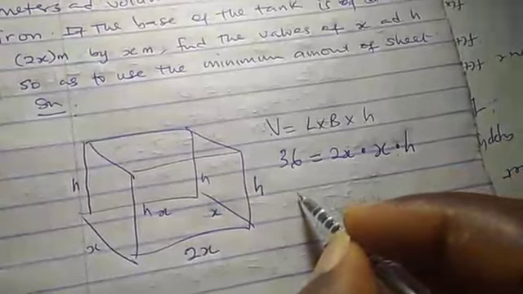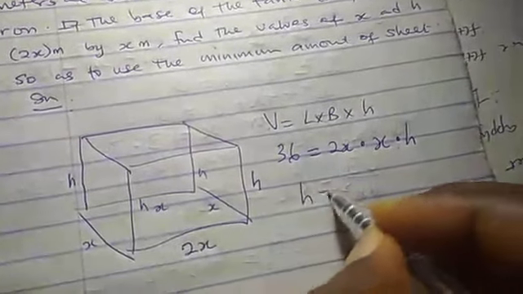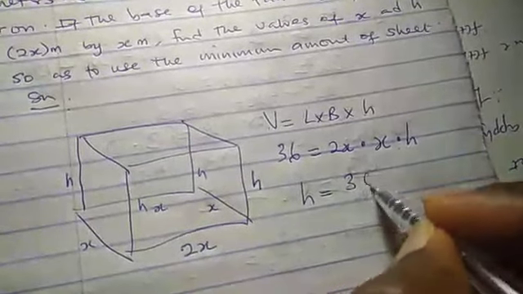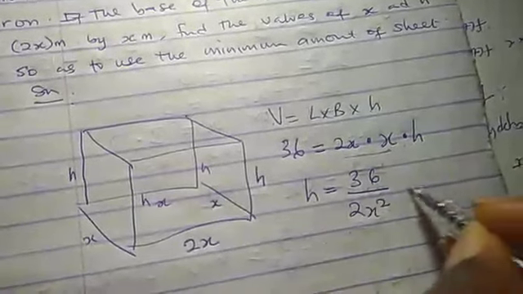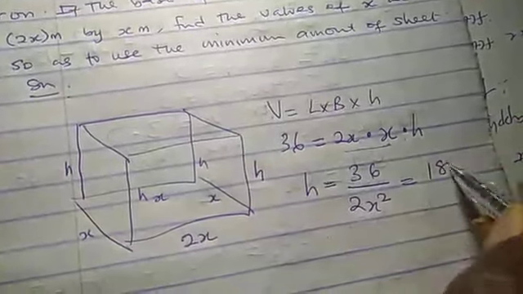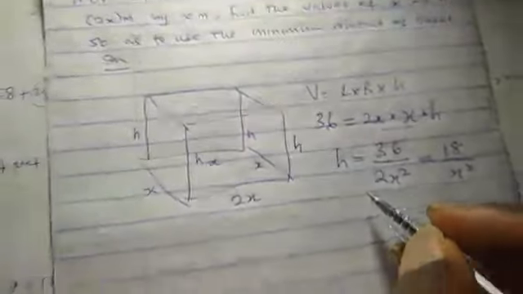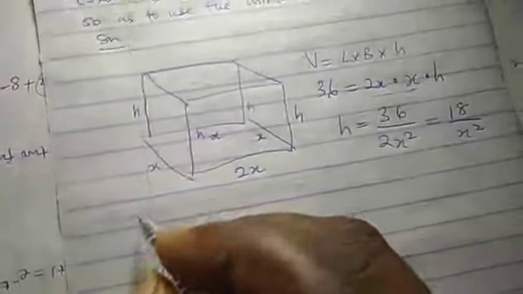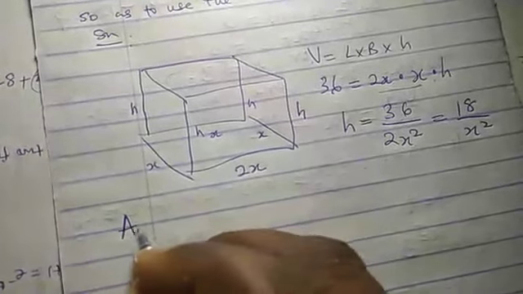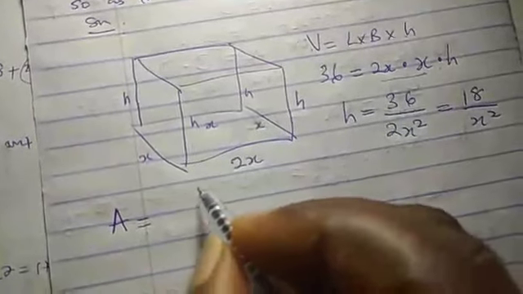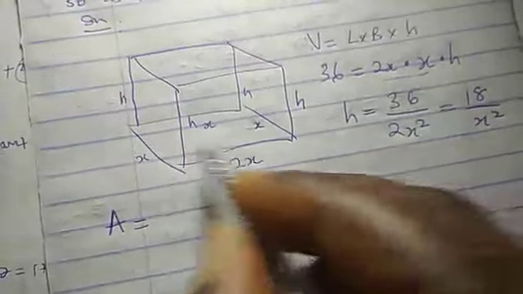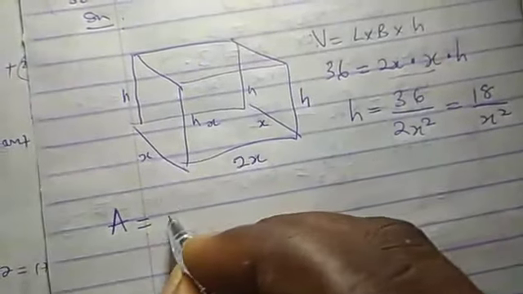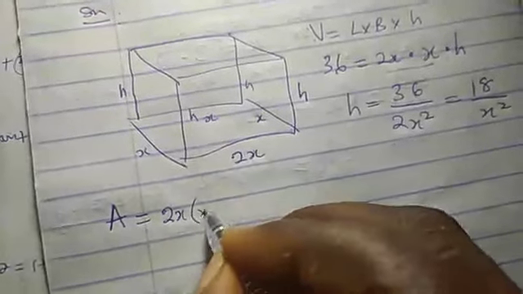From this, if you make h the subject of the formula, h will be equal to 36 over 2x squared. Our answer is 18 over x squared. We have now known our h. Now, we know the surface area. The area of this shape will be the area of the base, which is 2x into x.